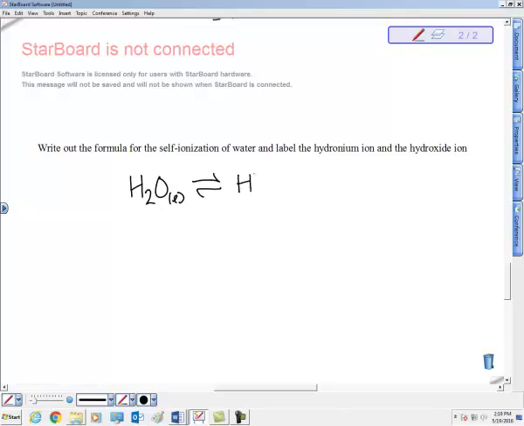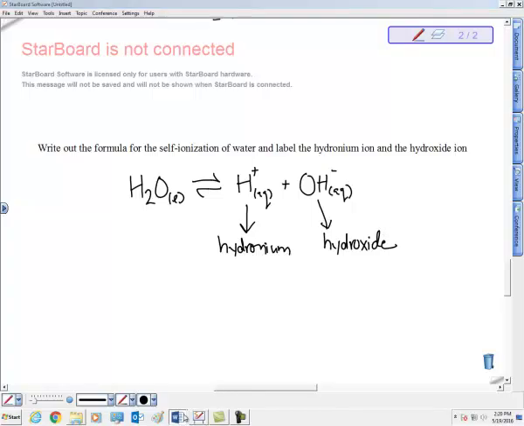Water will split into a hydrogen ion, but it'll also make a hydroxide ion. This guy right here is known as the hydronium. And you guys know this guy, he's known as hydroxide. Easy.